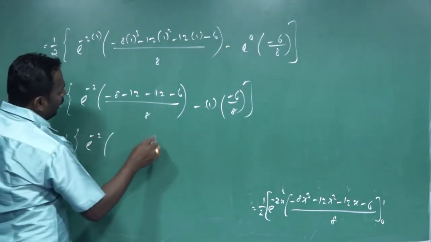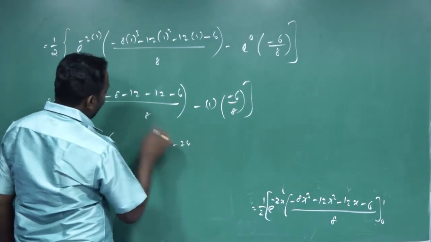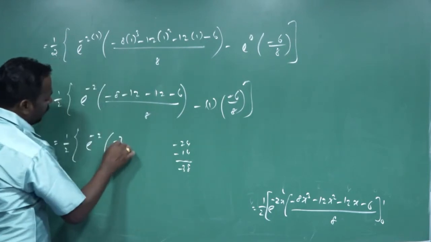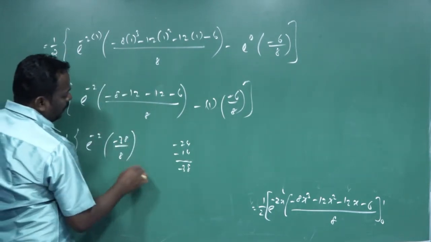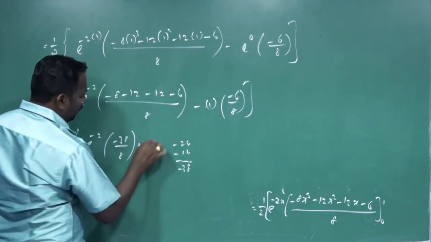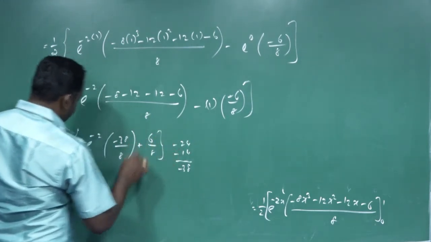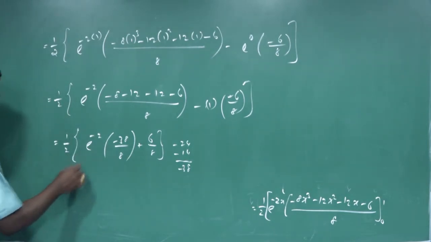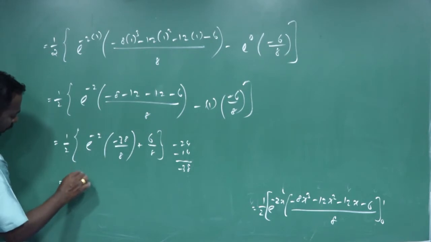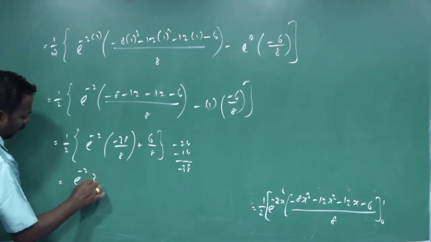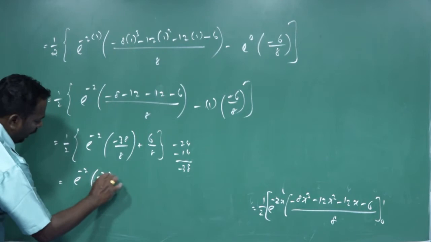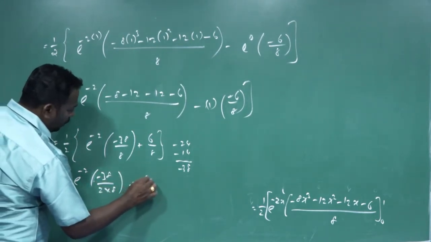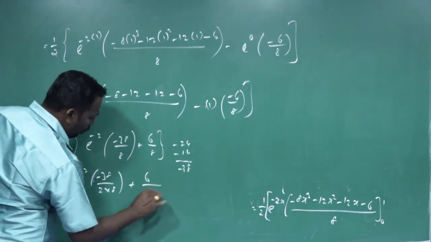Then adding the terms, it is minus 12 minus 24, adding the value it is minus 14 and 8/3 minus, therefore minus 38 by 8. Then next it is minus plus 6 by 8, and this is equal to, multiplying into the bracket as e power minus 2 and 3 minus 38 by 2 into 8, then plus 6 by 8 into 2.